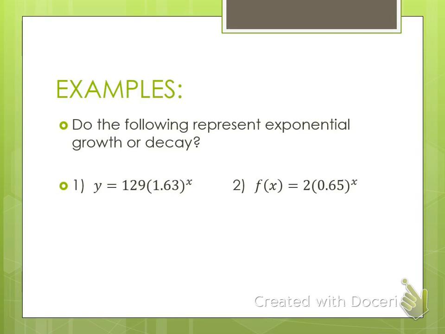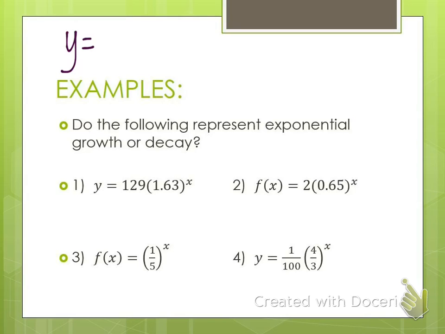So let's look at some examples. We have to decide if these represent exponential growth or decay. Now I know you have it written on your notes right in front of you, but I'll put it up at the top of the slide. Our general form is y equals a times b to the x.